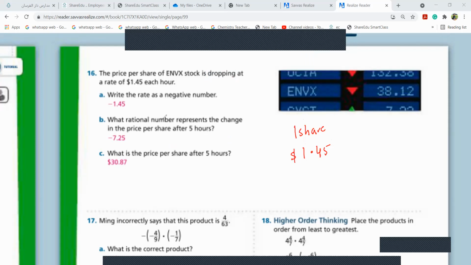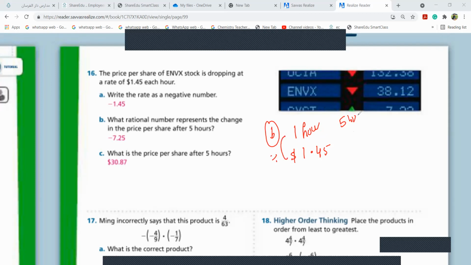Okay, write the rational number that represents the change in the price per share after 5 hours. So each hour, 1 hour, write on 1 hour. This is the explanation of B, girls. 1 hour is $1.45. So 5 hours. Do you remember I explained last year division and this multiplication?